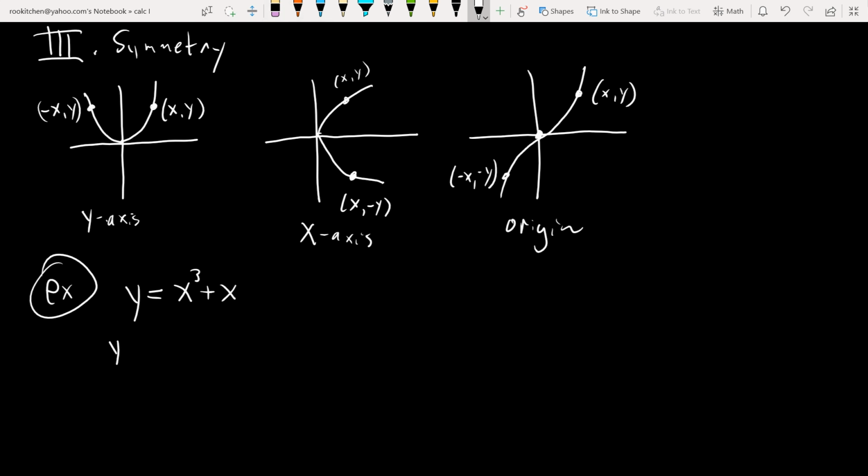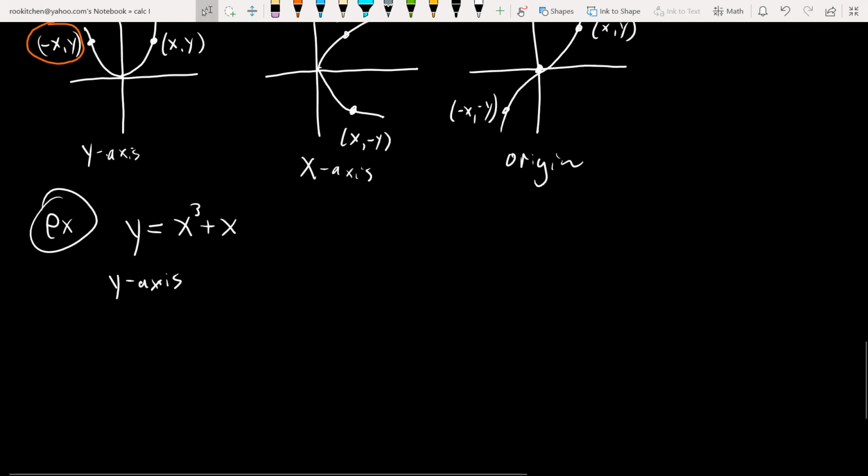For example, y-axis symmetry, if we take a look at this ordered pair over here, what did I say? I said if x, y is on there, negative x, y is on there. So if I put in negative x for positive x, it should not change the equation. You should end up with the same equation. If you don't, then it doesn't have that kind of symmetry.